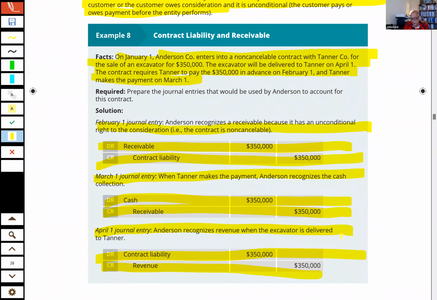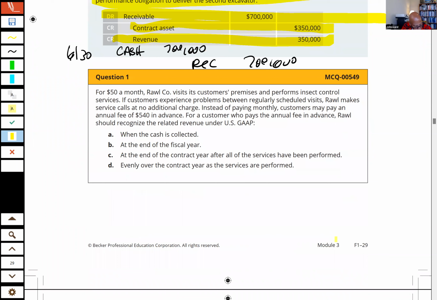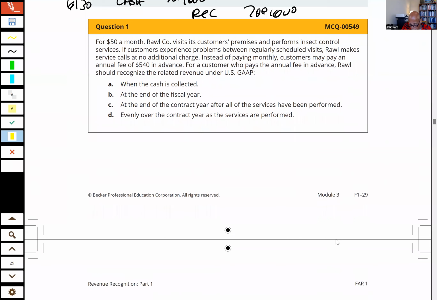So with all that, let's take a look at this question. Number one, I think you can see this is a pretty easy question, but go ahead and work on it.